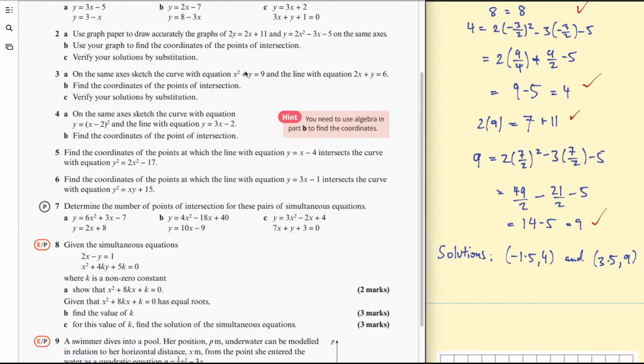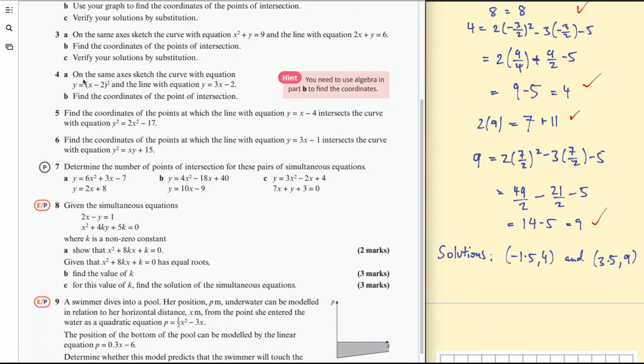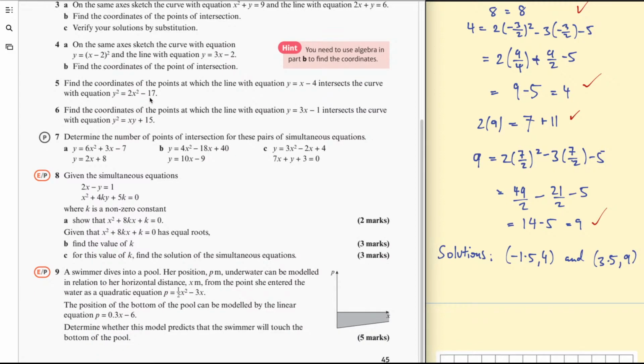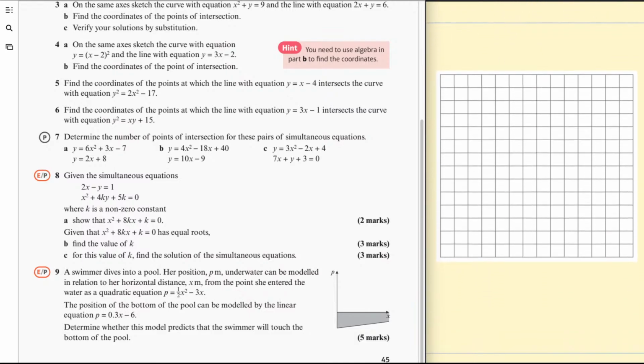Here we have a straight line and a quadratic. Again, quadratic, straight line. Here we have y squared equals 2x squared take 17. That might be interesting to have a go at.